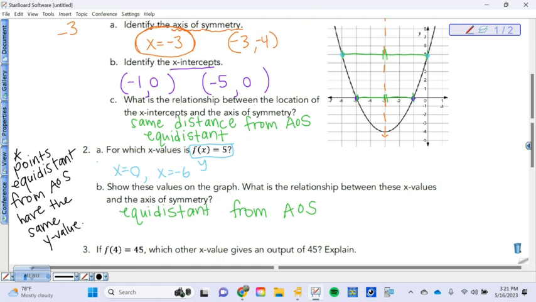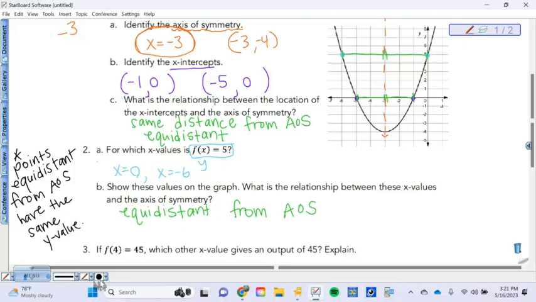These 2 points are 2 away from the axis of symmetry. They have the same y value of 0. These 2 points are 3 away from the axis of symmetry. They have the same y value of 5.